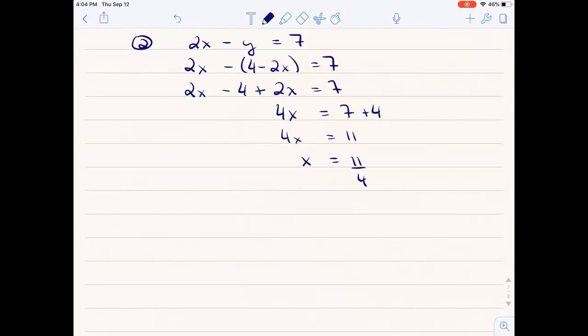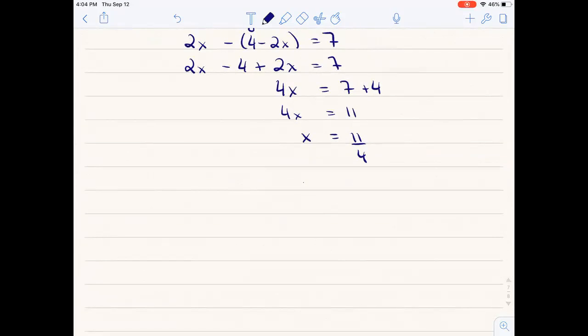11 divided by 4. I always like to check in case it's a nice decimal to deal with. And in this case, it is 2.75, which I don't know about you guys, but I find much easier to deal with than fractions. If it was a nasty fraction, I'd probably encourage you to keep the fractions, but yuck. X is 2.75.